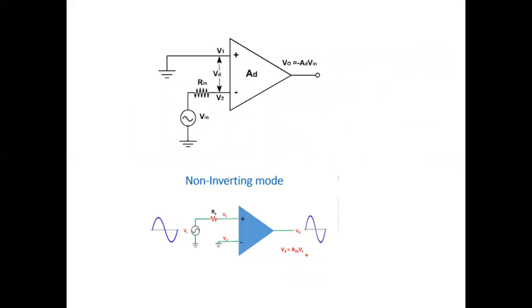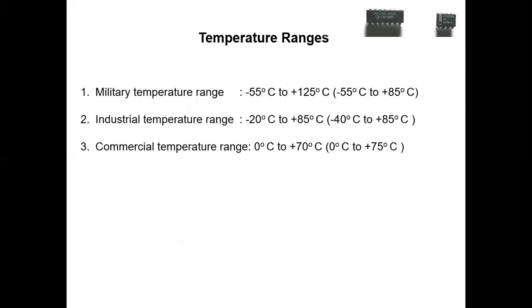This is the basic symbol of the op amp. Non-inverting mode means if we give a sine wave as input, the output will be a sine wave. There is no phase shift between the input and the output.